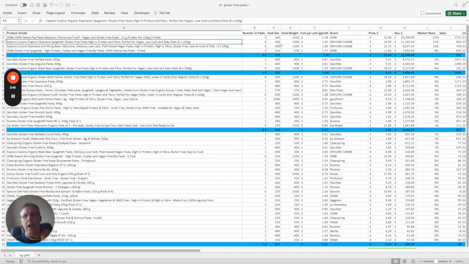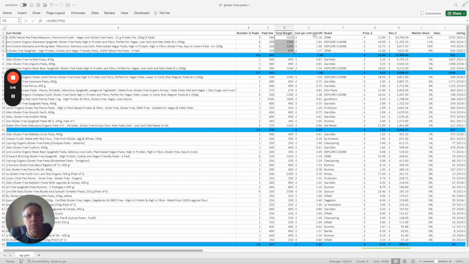I had to look up some of them, but these are the pack sizes. So that's the total weight of the product, the ASIN, if you like. Then a simple calculation: given the total weight, what's the price? So it's £1.18 per 100 grams. I did it per 100 grams so that it's a little bit easier to see.